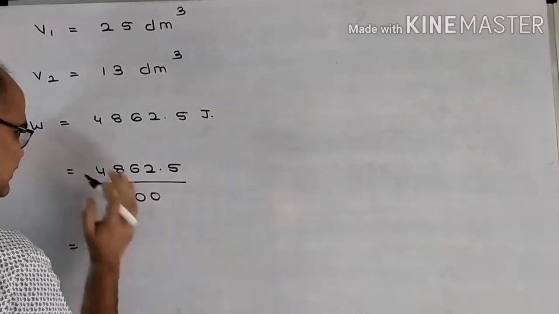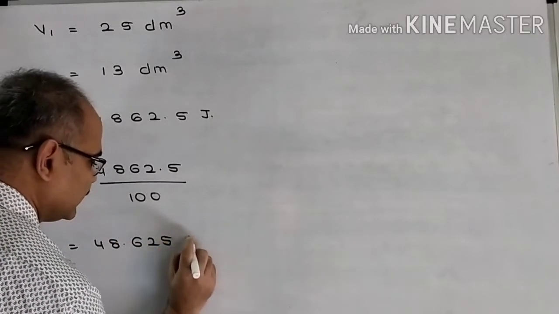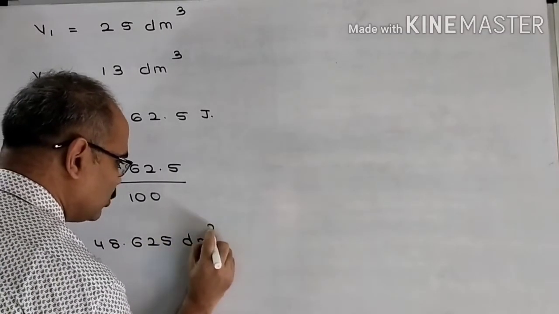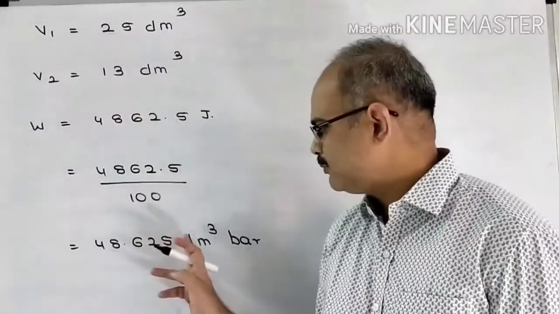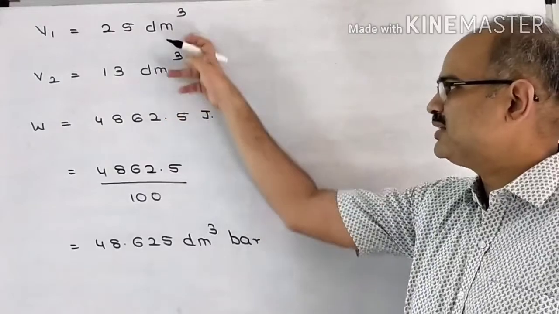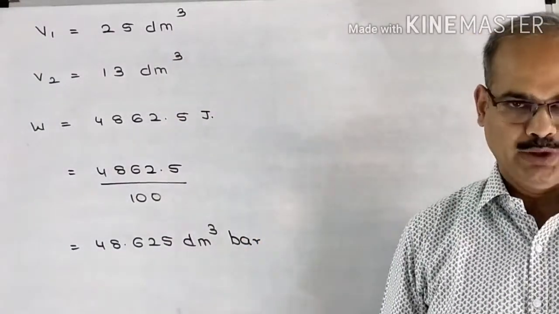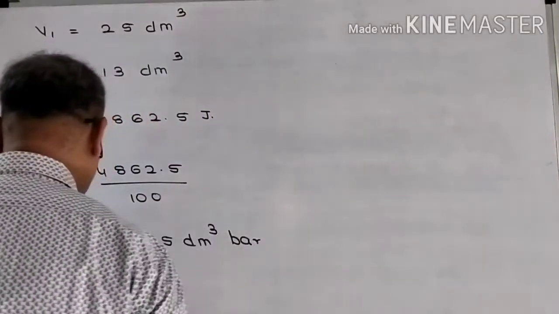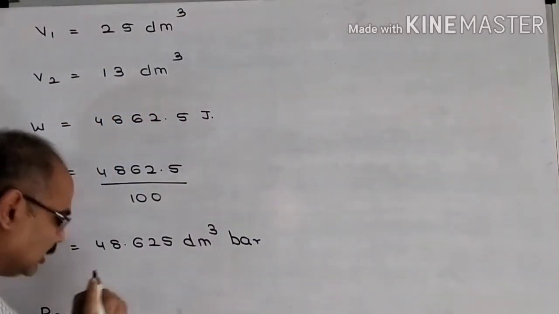So shift the decimal point to the left. 48.625 dm cube barometer will be the work. Now work is in dm cube barometer, volume is in dm cube, so the pressure which I will get will be in terms of barometer only. This is the data and I want to calculate P external.